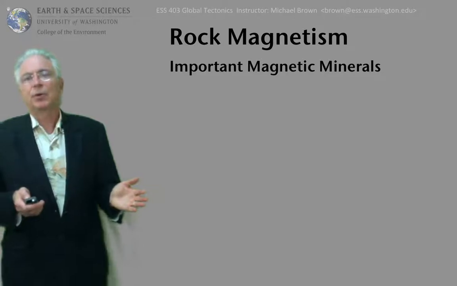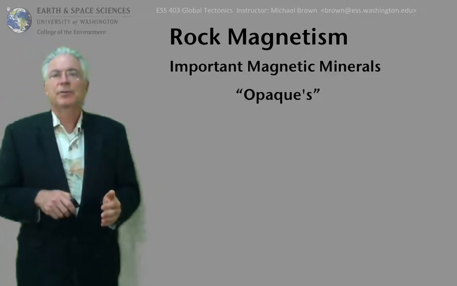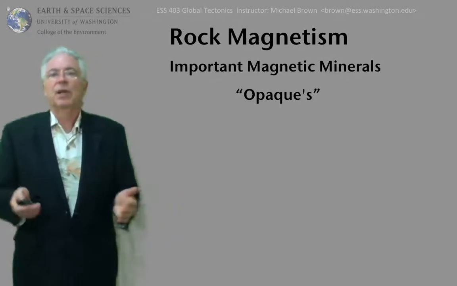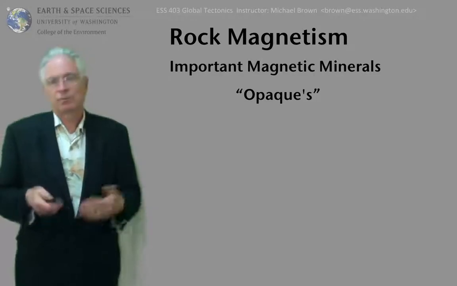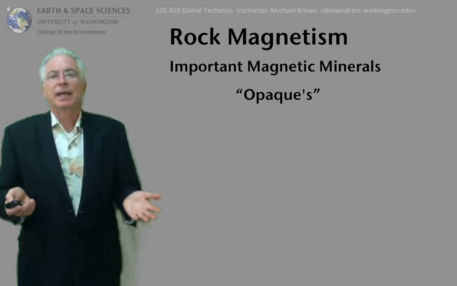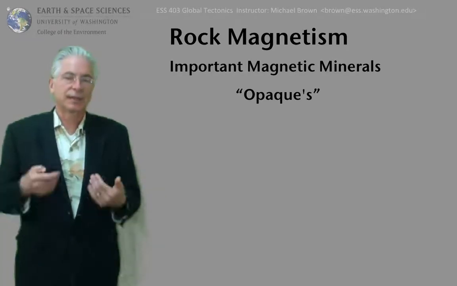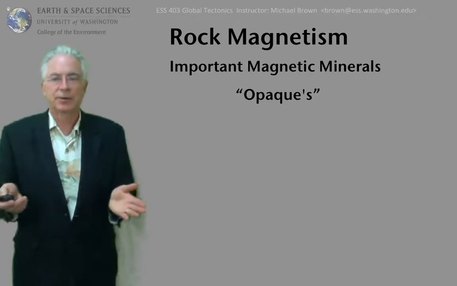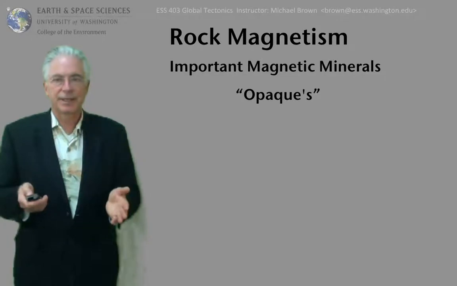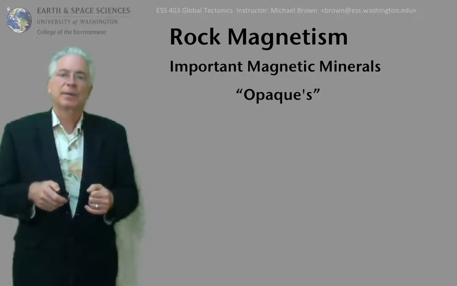Let's talk about the important magnetic minerals. Now, in general, the magnetic minerals are what are called opaques. And this comes about from petrologic examination of rocks, rocks being a collection of minerals, and most of the minerals are translucent. They allow some light through, so under a transmission microscope you can see a variety of colors and shapes of semi-transparent minerals.